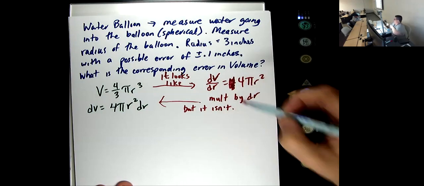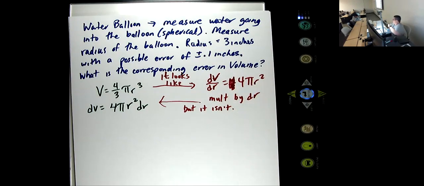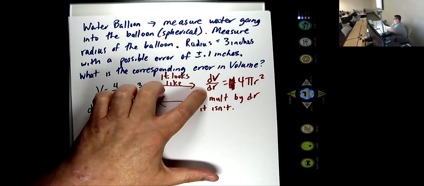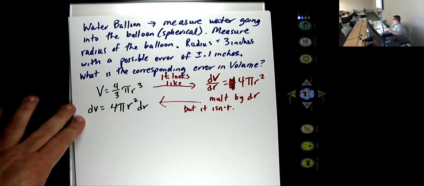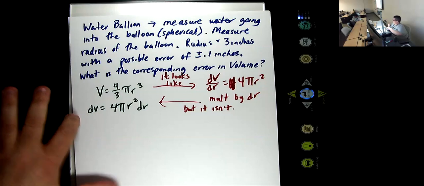But discernibly, there's no realistic difference. So if you're comfortable doing dV/dr and then multiplying, that works just the same when you're working with differentials. But you're better off getting practice doing implicit differentiation.